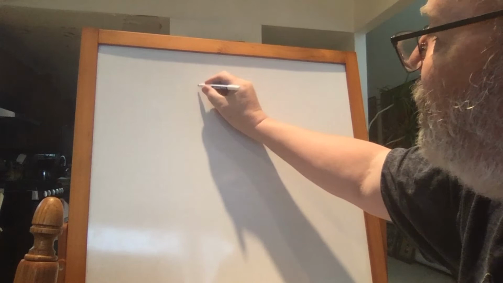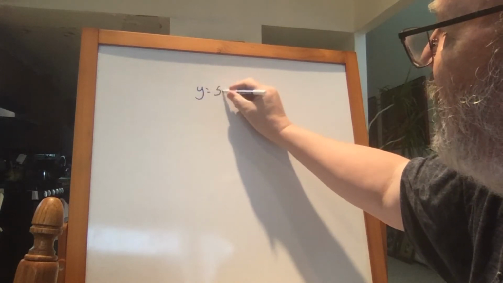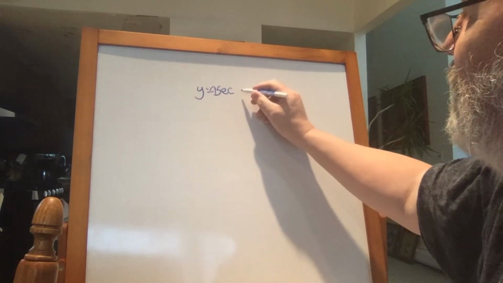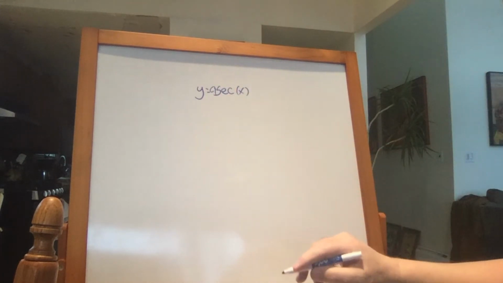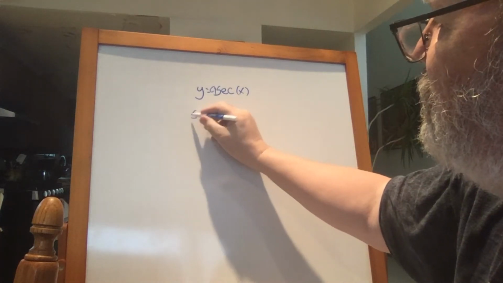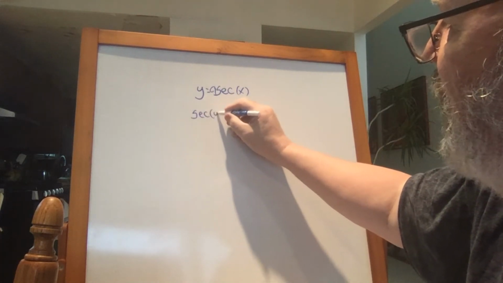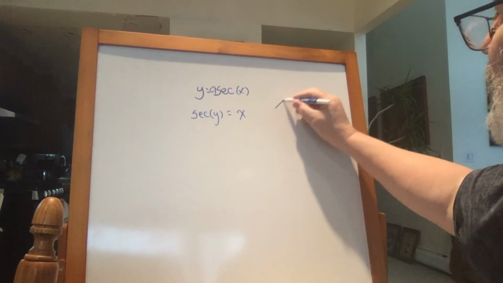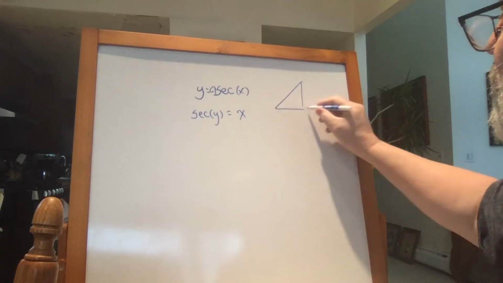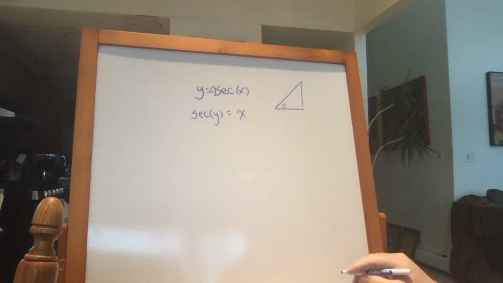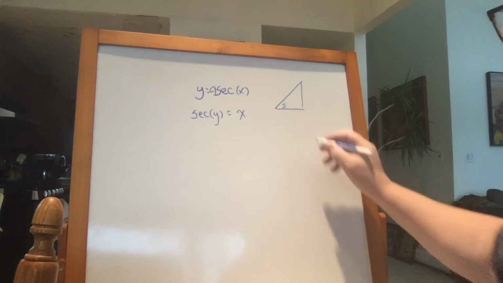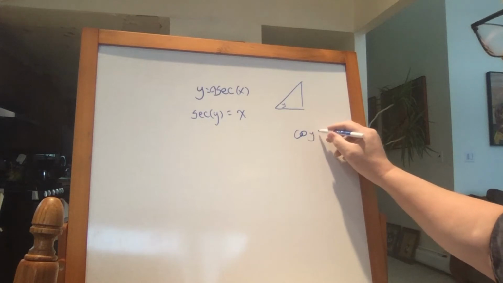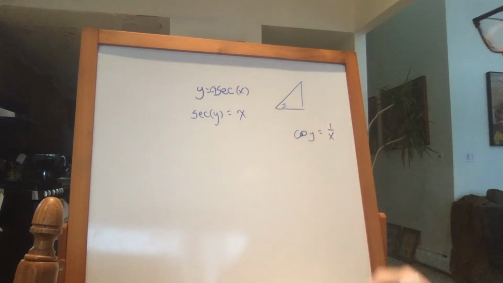We've got y equals arcsecant of x. So the secant of y equals x. That's the important part right there. Okay, so then remember the cosine of y would be 1 over x.